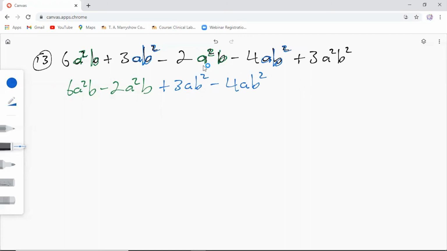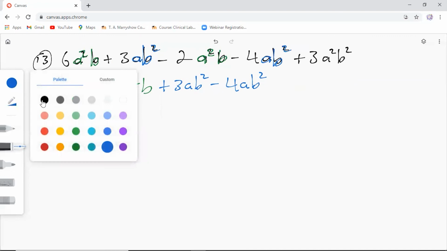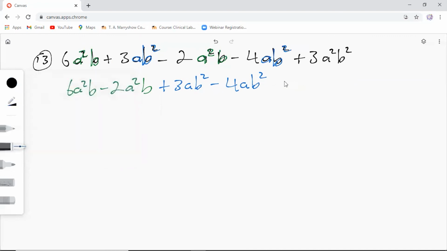Now the only other term remaining is 3a squared b squared, and that one stands alone. So we just bring it down, plus 3a squared b squared. And it is always good to count your terms to make sure you're on the right track. So we have 1, 2, 3, 4, 5 terms here. So we know we didn't leave out anything.